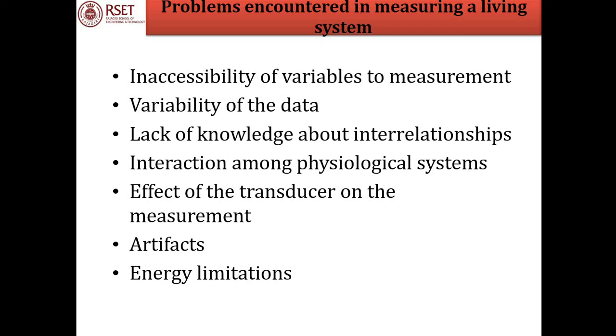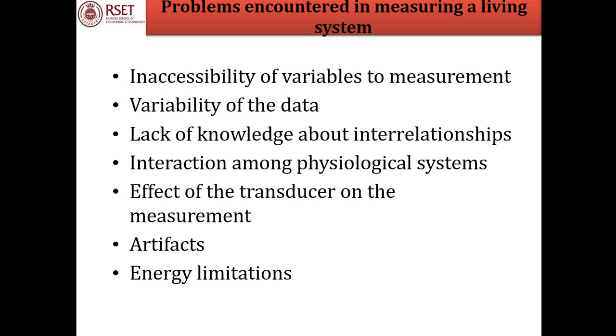And the next limitation is regarding energy. All the equipment and instruments used as a measuring system work with energy. So many physiological measurement techniques require a certain amount of energy applied to the living system in order to obtain a measurement.